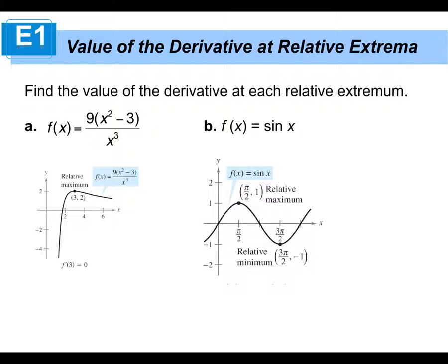Are you okay with that terminology? Okay, good. Notice that that point is not only a relative max, but it's also an absolute max. That's the highest point on the graph. What about a relative or an absolute minimum on part A?